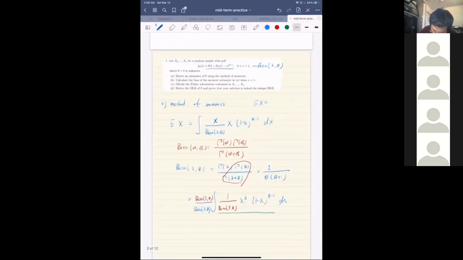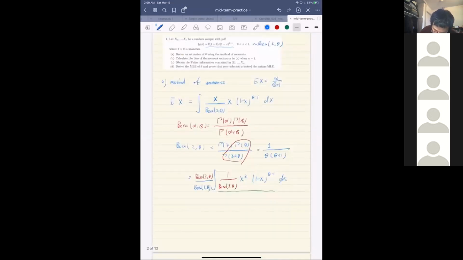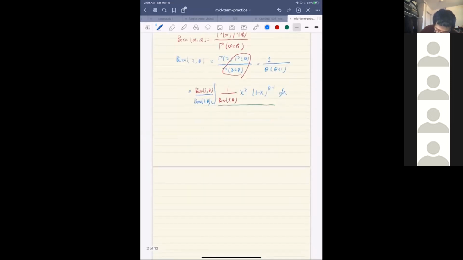It will be alpha over alpha plus beta. So this is B(3, theta) over B(2, theta).